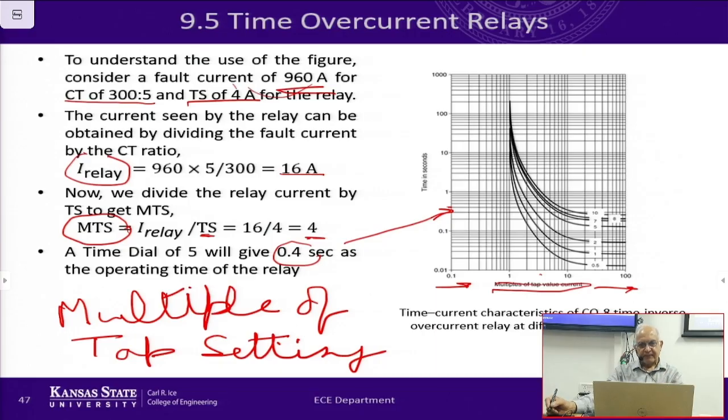Okay. And then, of course, these are the characteristics that were actually implemented in mechanical devices. So you can think about how complicated that would have been to design those relays. But now we can do all those things digitally.